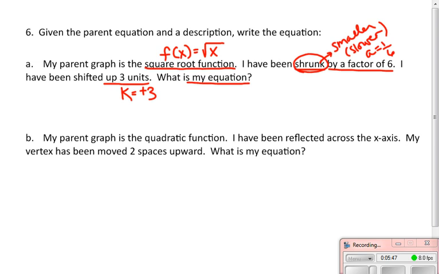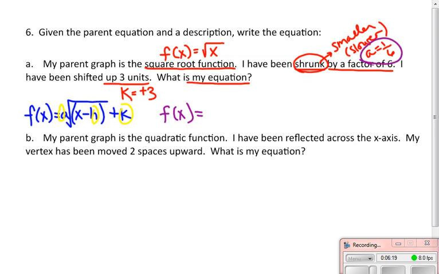What is my equation? So if we think about that expanded form, f of x is equal to a times the square root of x minus h, plus k, and we substitute in a, h, and k as necessary, we know that we have f of x is equal to my a is 1/6 because I'm slowing my growth.